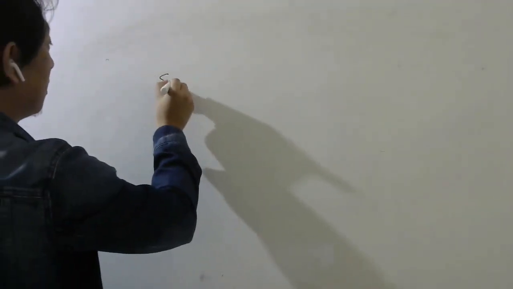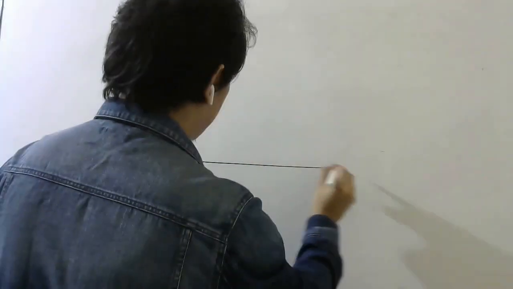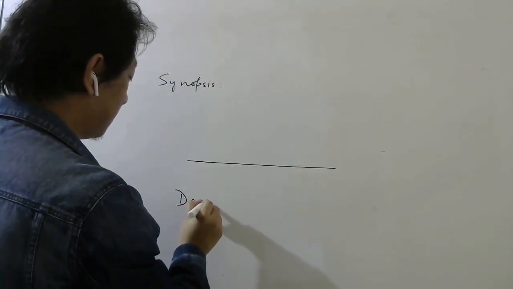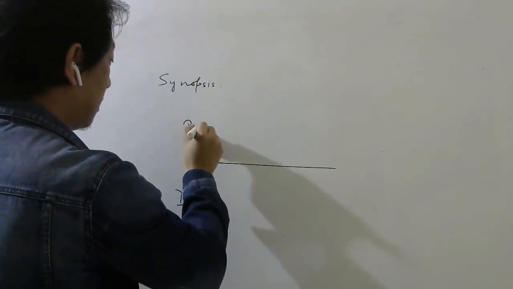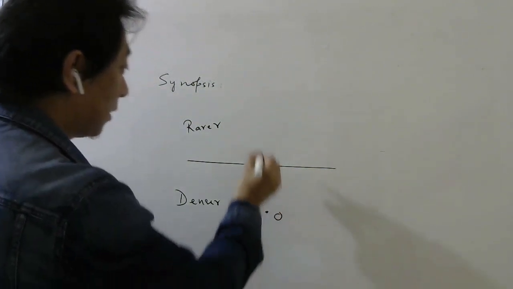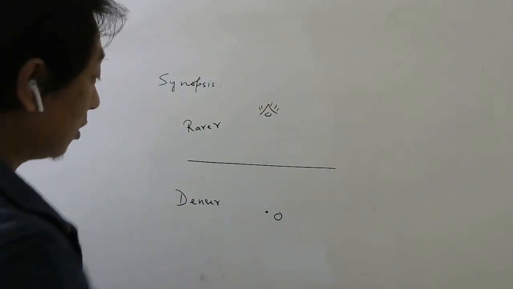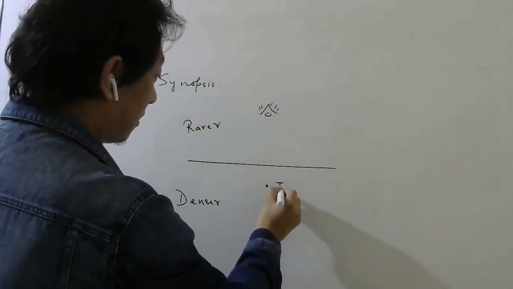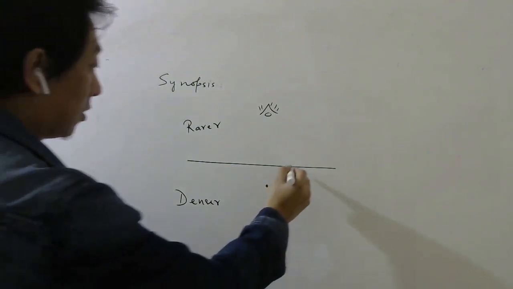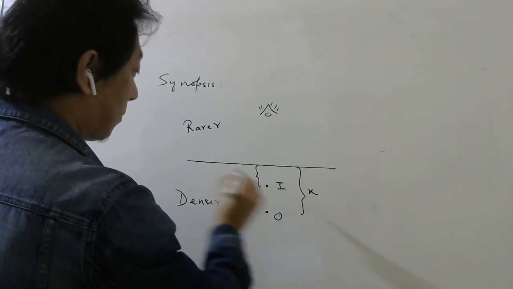Next few formulas are based on apparent depth and real depth. So let me just remind you of a few things. Suppose this is the denser medium and this is the rarer medium. If an object is here, when you view from here, you will see the image somewhere here. So this is your real depth, and this is your apparent depth.